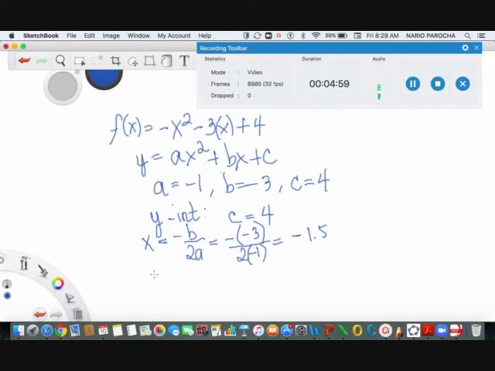That is also the x coordinate of the vertex.